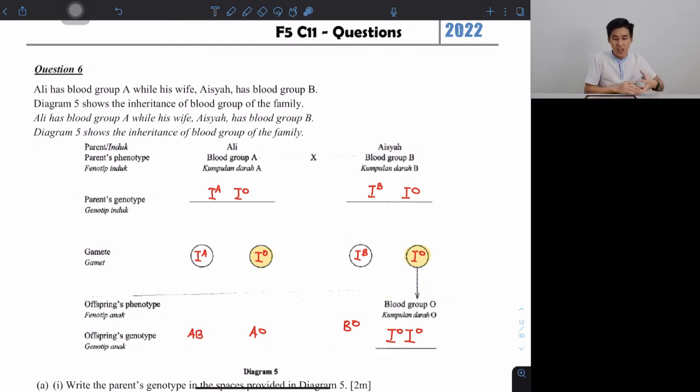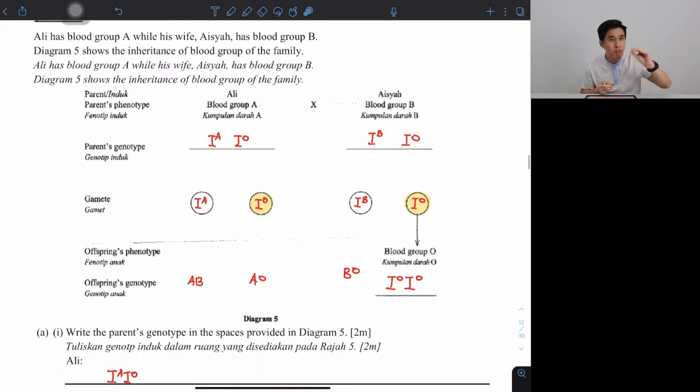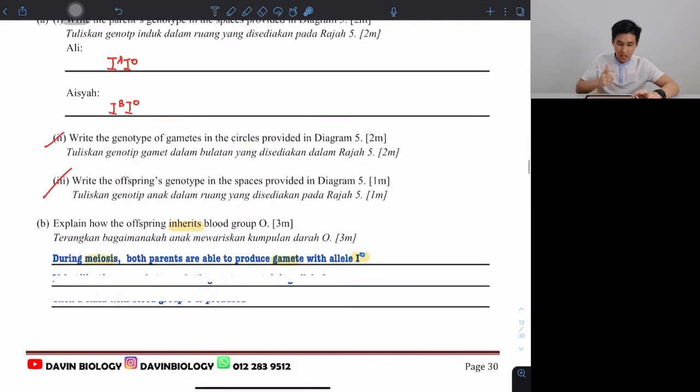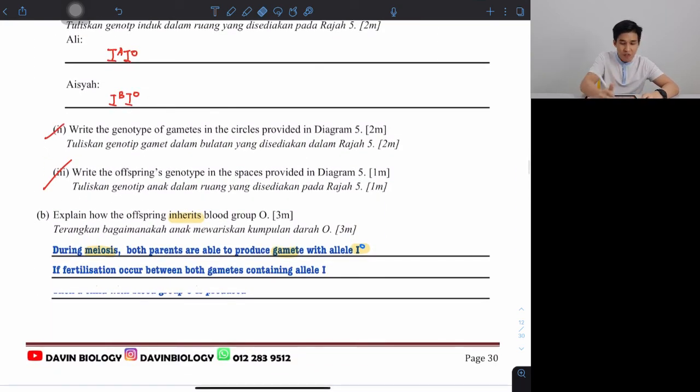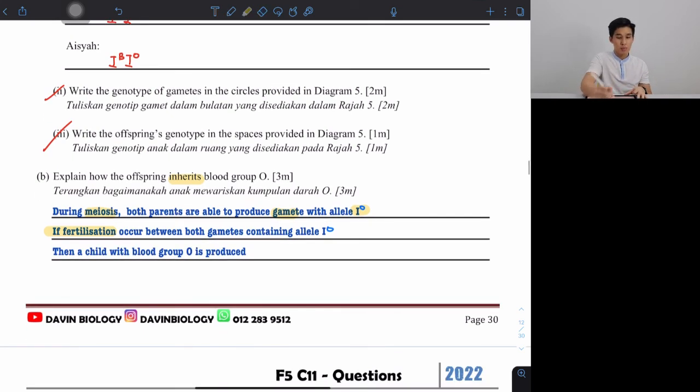Because both parents can have sperm with O and ovum with O. So if both parents can produce this, meaning this sperm and ovum that carry O have a chance to fertilize. There's a probability. You can see 1 out of 4 chance here, 25% chance, right? So I say that if fertilization occur between these two gametes containing the IO, the sperm and the ovum, they fertilize, then I will have a child that's blood group O.